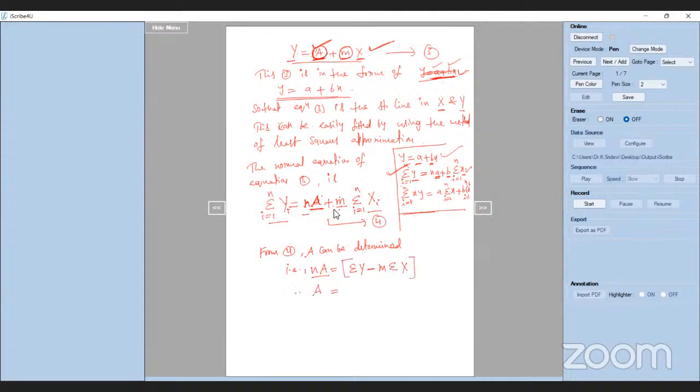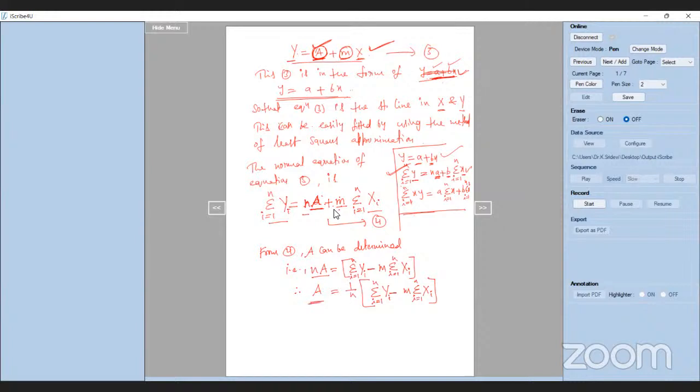Therefore, a is equal to 1 by n into summation y minus m into summation capital X. Or you can write it like this, with yi, xi, i equal to 1 to n. You can write like this also. So this is the a value.